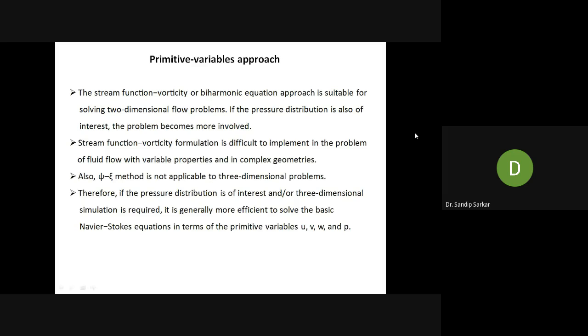This is one of the benchmark papers in computational fluid dynamics. It is a renowned journal, published by the American Physical Society. So 1962, this is the historical fact about that method.